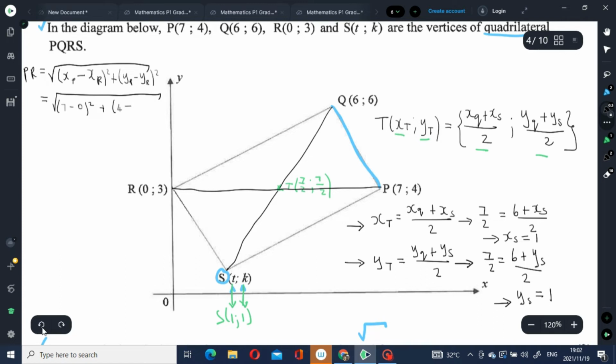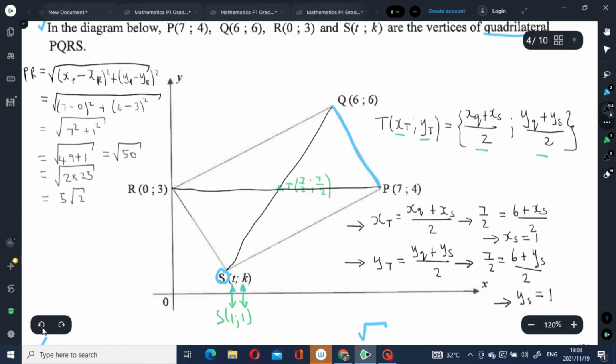and we have 4 minus 3 squared, right? So substitution, square root of 7 squared plus 1 squared, and we know 7 squared is 49 plus 1, and that is equal to the square root of 50, and 50 is basically 2 times 25, and we know the square root of 25 is 5, so it's 5 square root of 2.